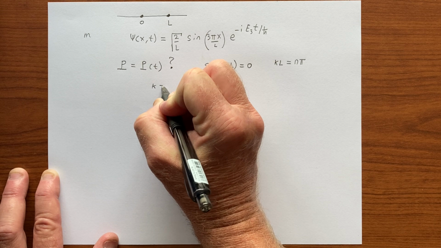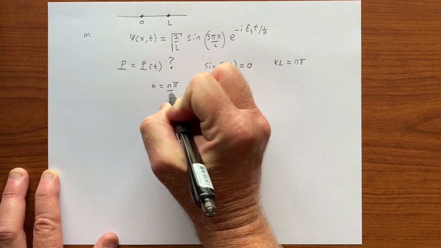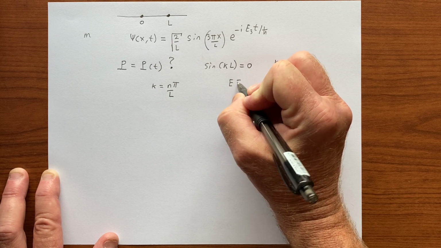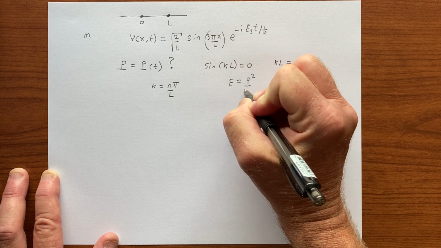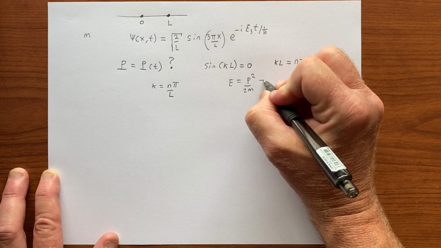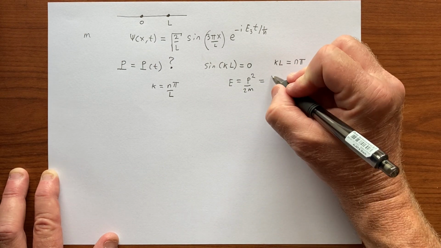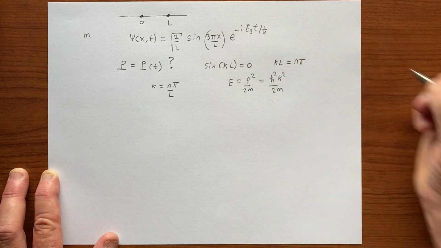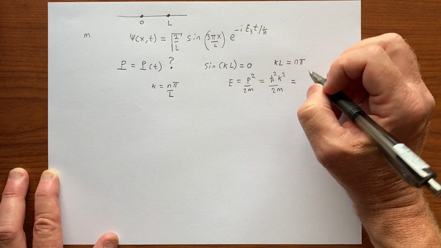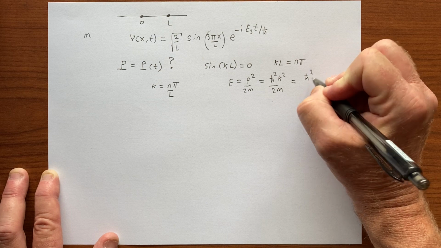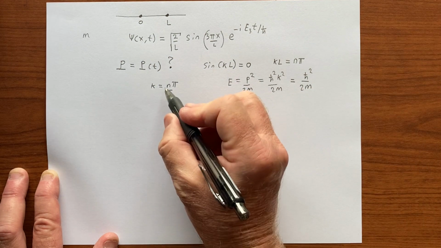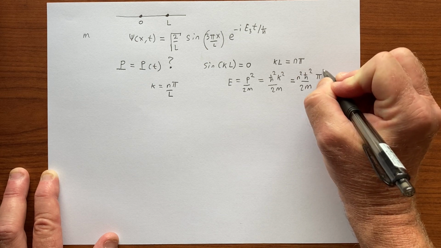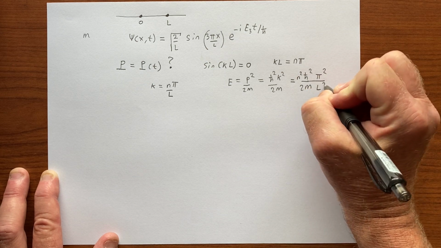So this tells us that k is equal to n pi over L, but the energy here is kinetic, so it's p squared over 2m, which in terms of k is h bar squared k squared over 2m. And so we have h bar squared over 2m times this squared, which is n squared pi squared over L squared.